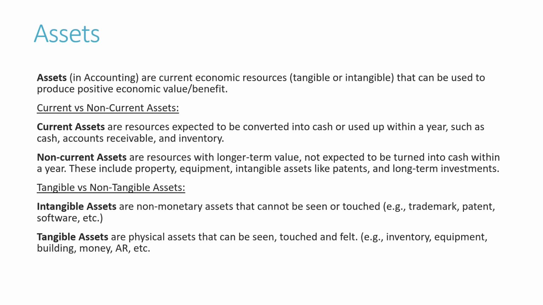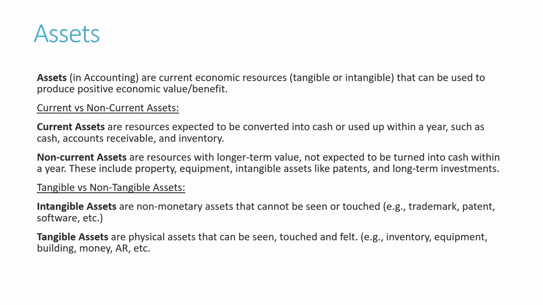Examples include cash on hand, accounts receivable, money owed by customer, and inventory. Non-current assets, in contrast, are resources with longer-term value and are not expected to be converted into cash within a year. These assets include property, equipment, intangible assets like patents or copyrights, and long-term investments in other entities.